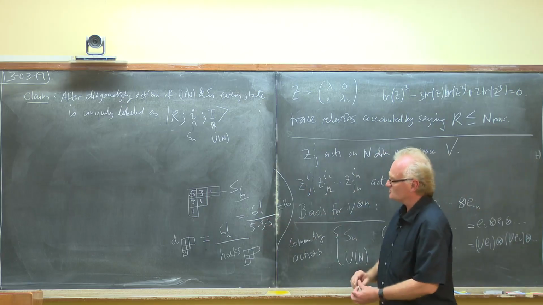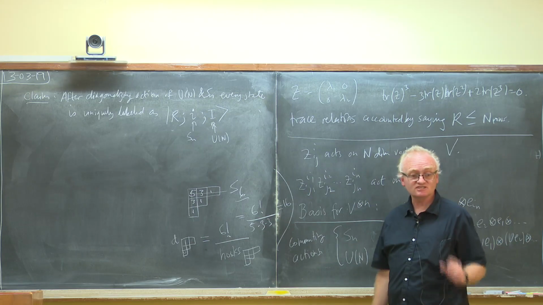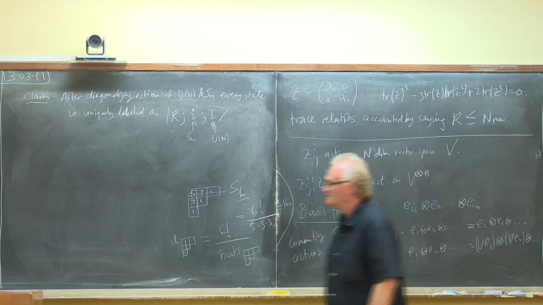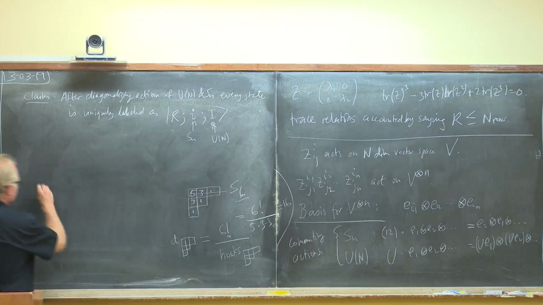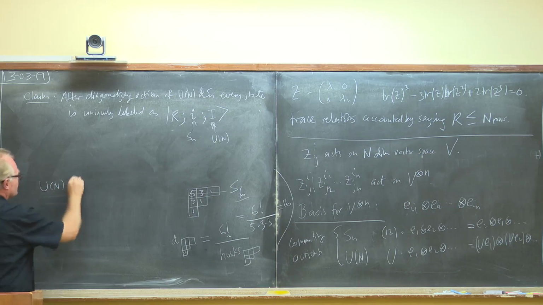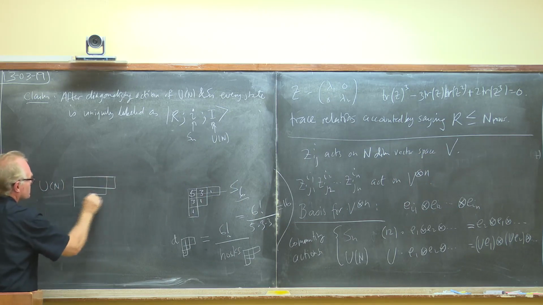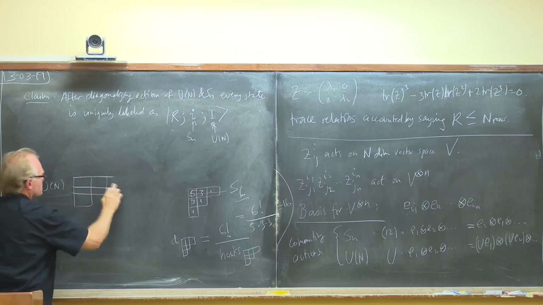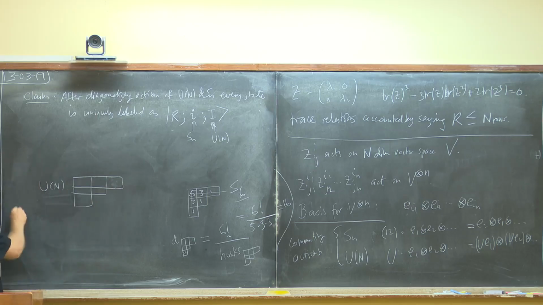The other thing that we will want to do is calculate dimensions of these things as unitary group representations. In that case, for U(N), same Young diagram. Let me draw it a little bit bigger. But now the dimension formula is slightly different.